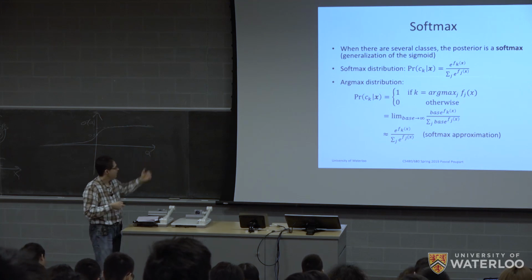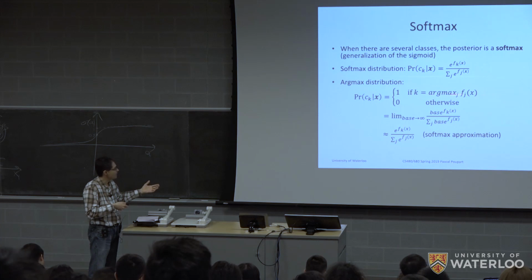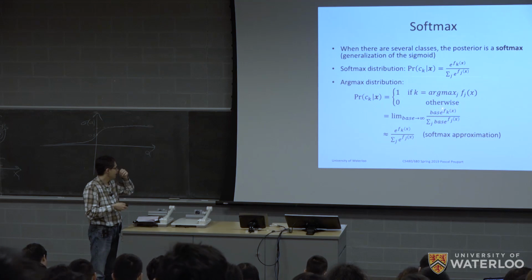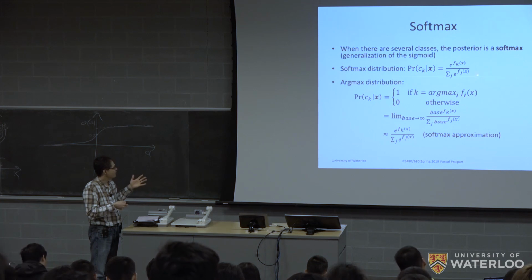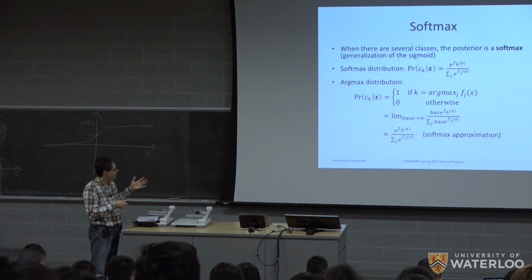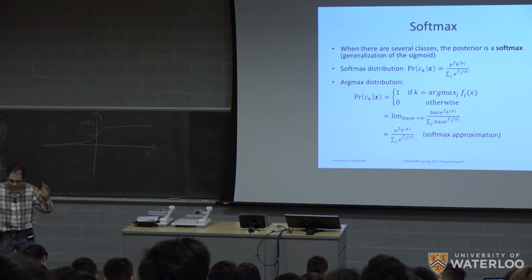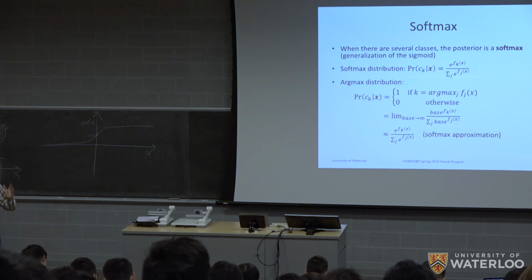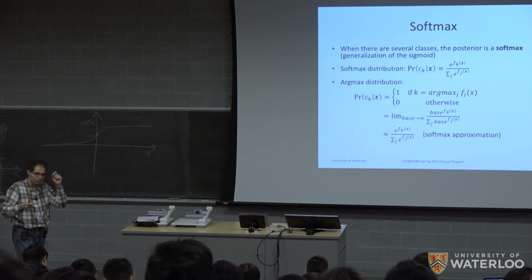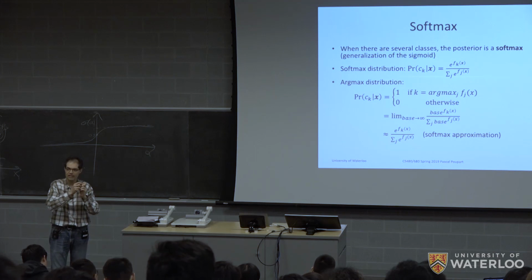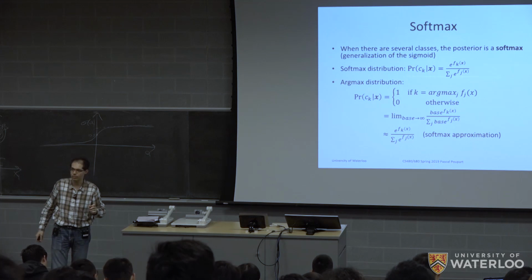It's called the argmax distribution because it comes from taking the argmax. And I can do this not just with linear functions in x, but with any function in x. That's why here I wrote this, where I have some function in x for every class, and then I simply give a probability 1 for the class that has the highest function. Now, this is a hard distribution, or a degenerate distribution, because there's one class that has probability 1, and all the other classes have probability 0.